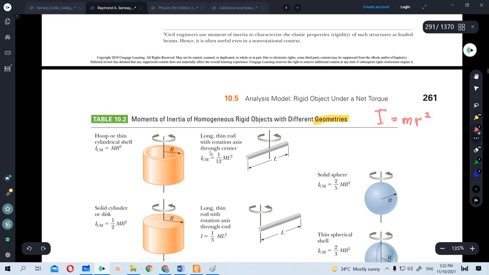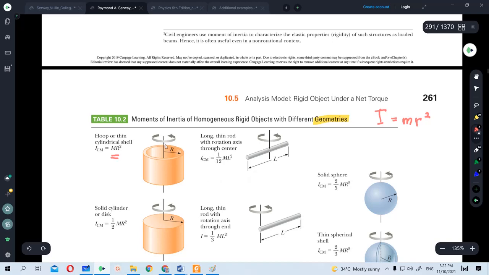However, if it mimics any of these geometries, then this table needs to be referred to. So you will find that every geometry has its own calculation of the inertia, and in this case we call it the moment of inertia, accordingly.